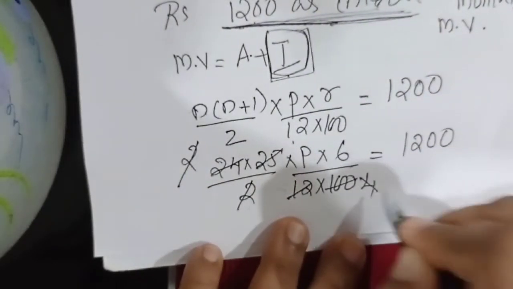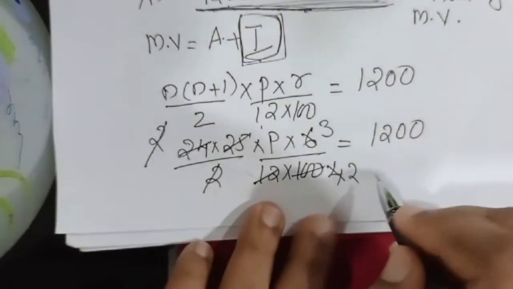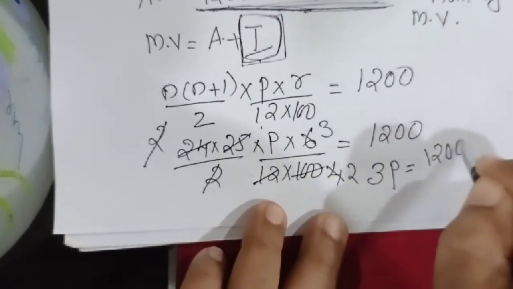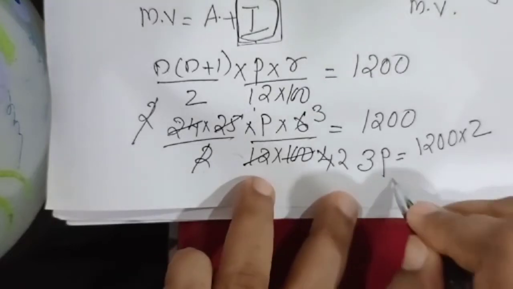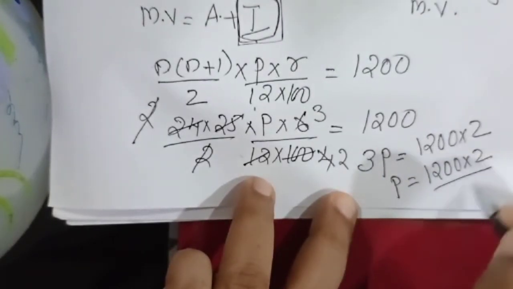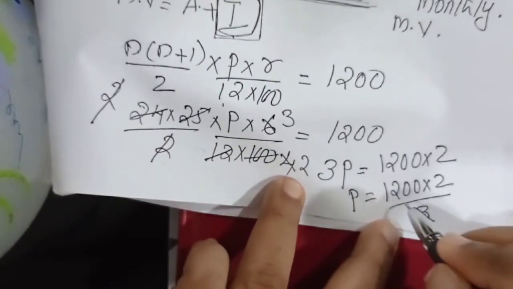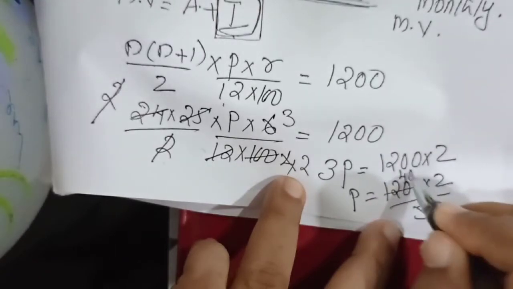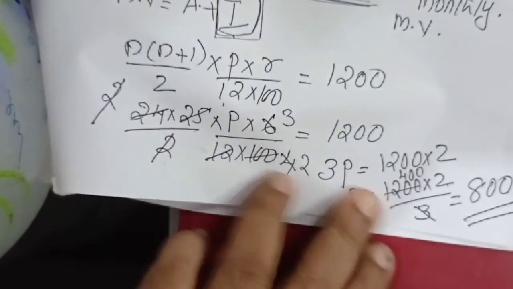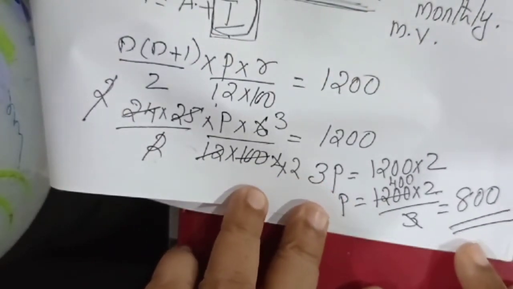Then next is 4, 2, here 3. 3P equal to 1,200 into 2. Therefore, P is equal to 1,200 into 2 by 3. 3 fours, isn't it? 400. 400 into 2 is 800. What is the principal? Principal is equal to 800.